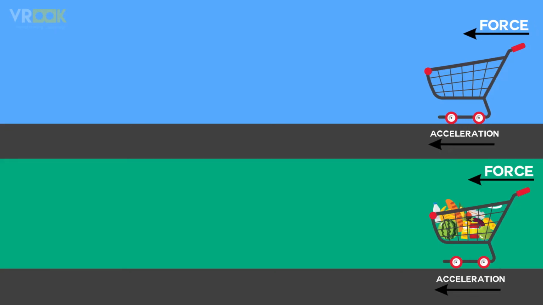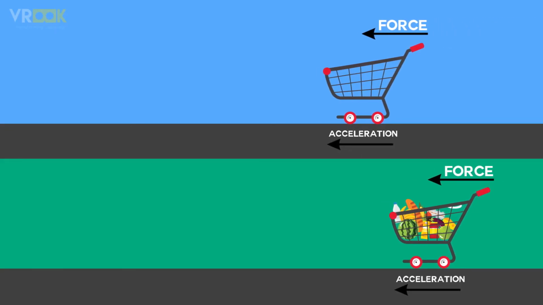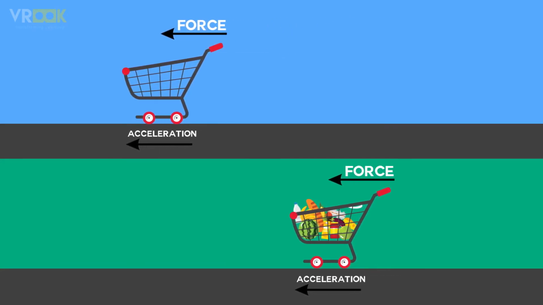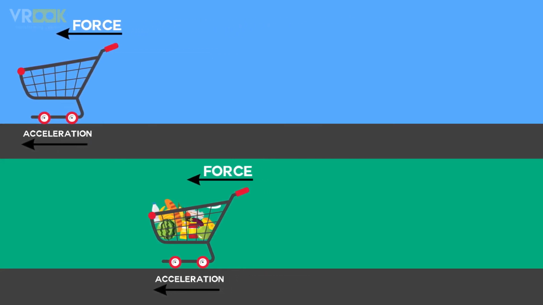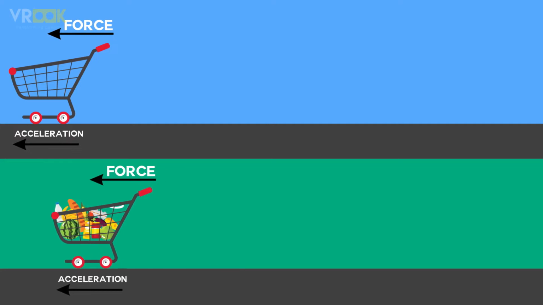For example, when you try to push an empty shopping cart, it will move very fast, whereas the loaded cart needs more push to move. In conclusion, Newton's second law explains the behavior of objects when the forces do not balance.